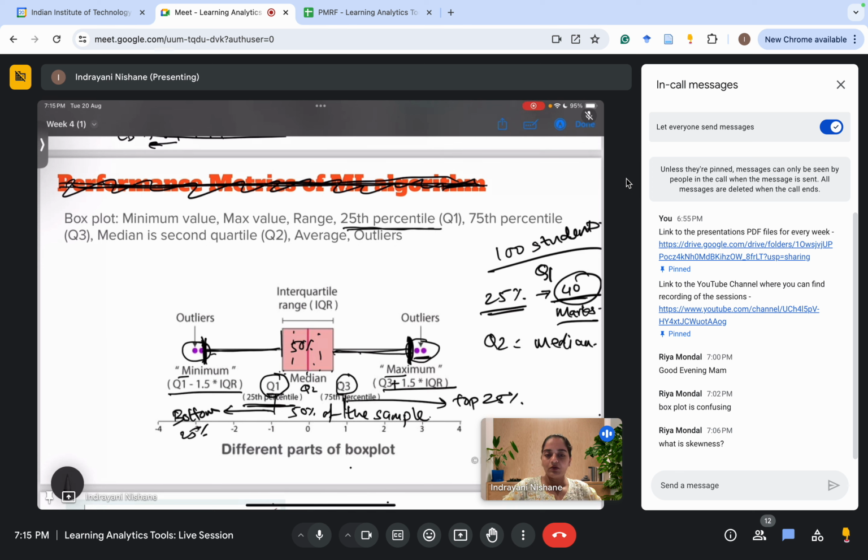So this is how you can read a box plot, and based on the box plot, what you can infer is the median value, the value which is occurring the most number of times, what the outliers in the sample are, and where the bottom 50% or top 50%, bottom 25%, top 25%, middle 50% lie. So a variety of combinations of the sample distribution, we can infer from this box plot.